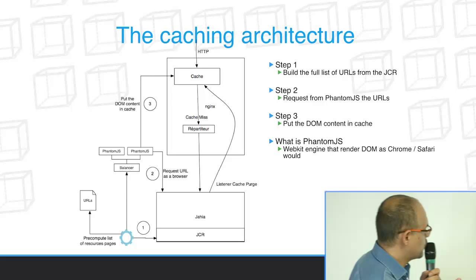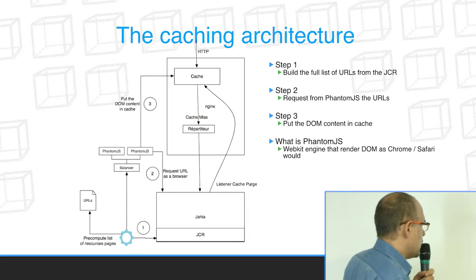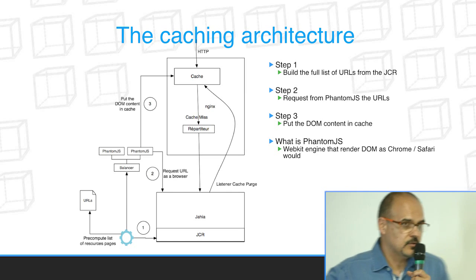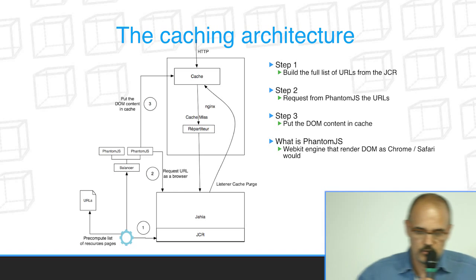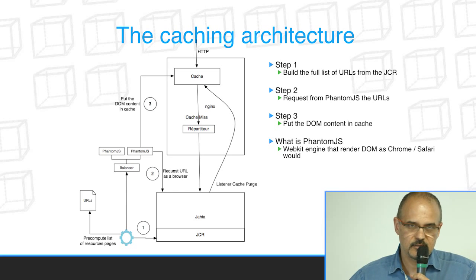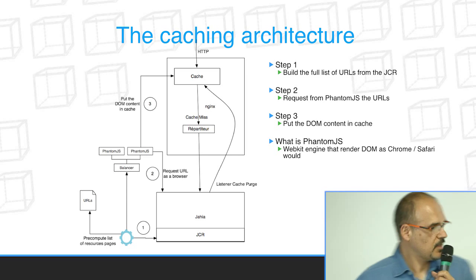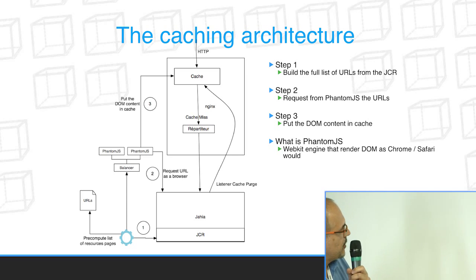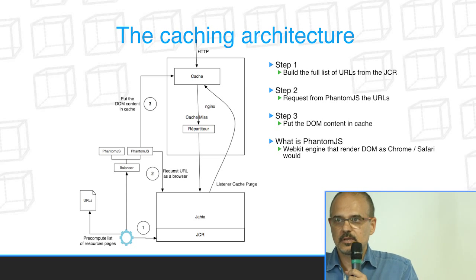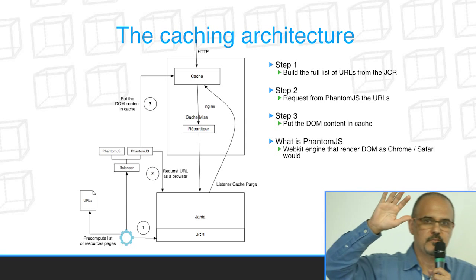So to solve those two problems, we've got a batch right here that accesses the JCR and computes the whole list of URLs accessed by the end user. And we've got a bunch of Phantom.js. Who is familiar with Phantom.js? And who is not familiar with Phantom.js?